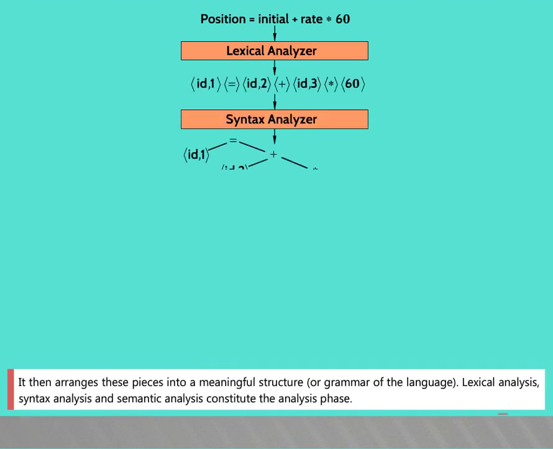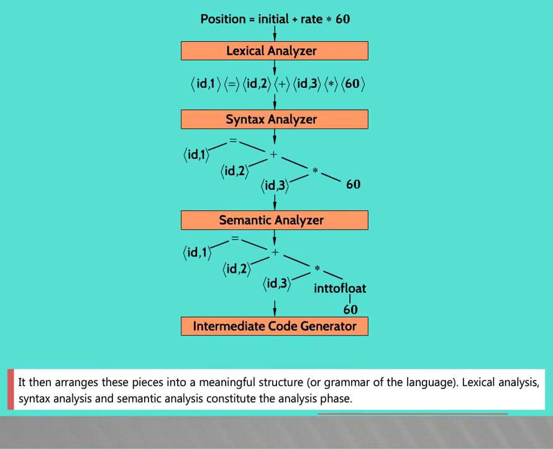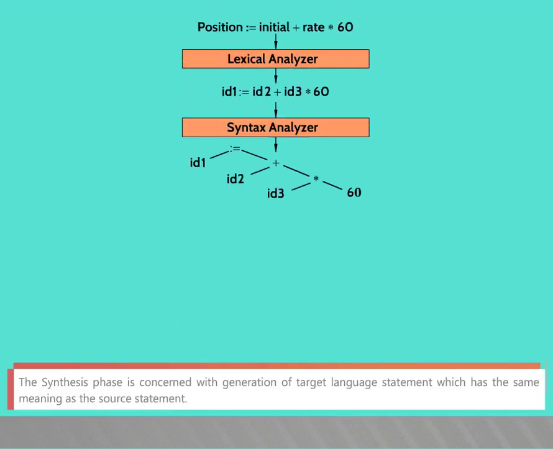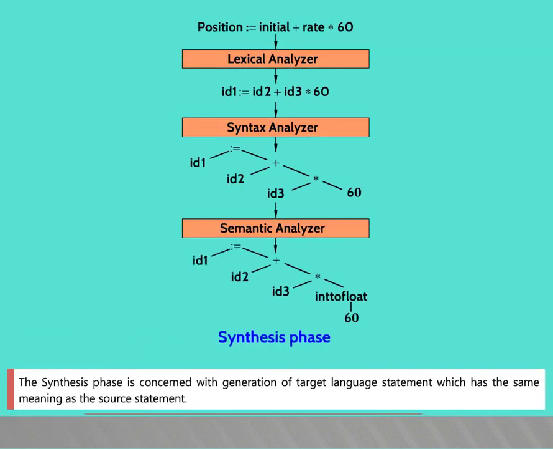It then arranges these pieces into a meaningful structure or grammar of the language. Lexical analysis, syntax analysis, and semantic analysis constitute the analysis phase. The synthesis phase is concerned with the generation of target language statements which have the same meaning as the source statement.